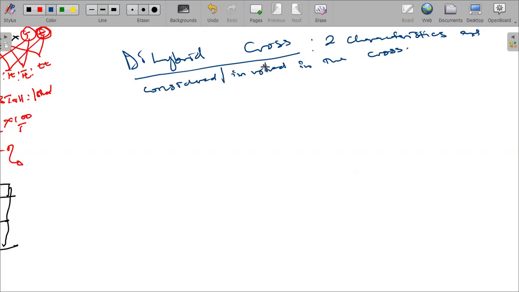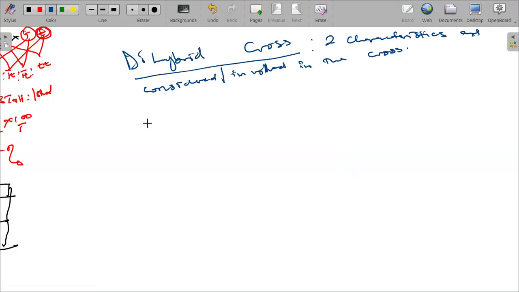When you are looking at this, you should know that dihybrid crossing always starts from that question where we've been talking about purebreds, a purebred that is dominant versus a purebred that is recessive.